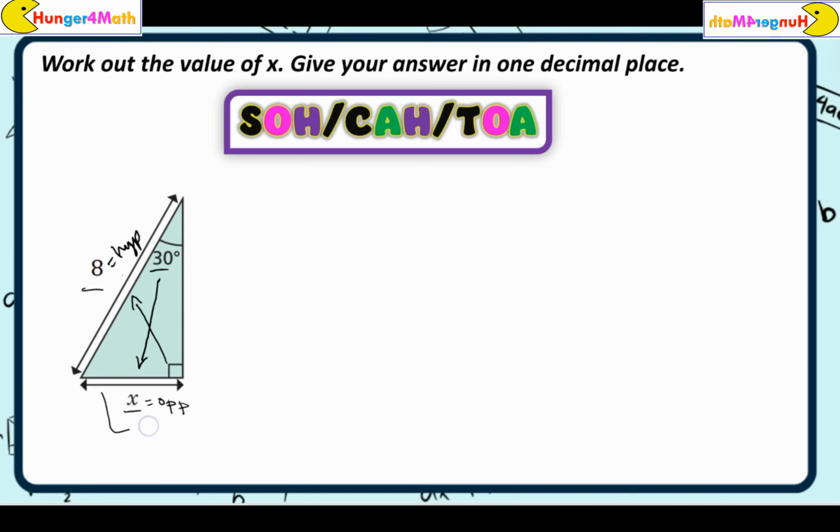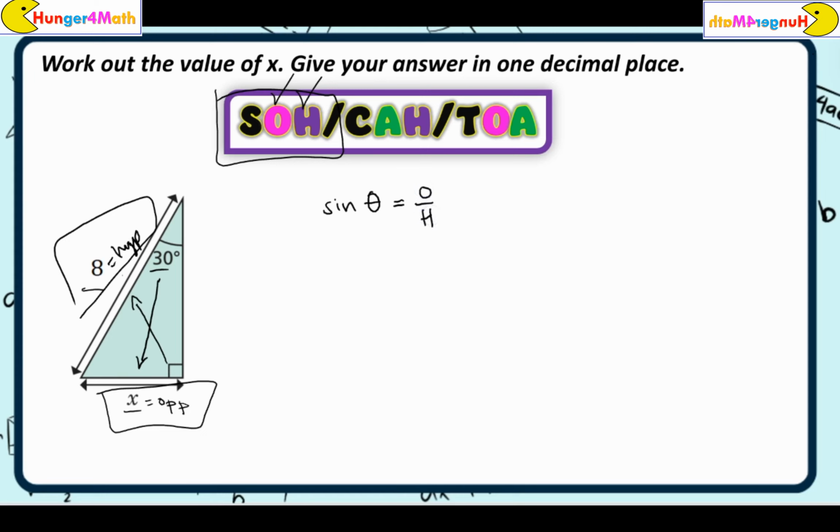So here we have opposite and the hypotenuse. So we're going to use SOH, since it has opposite and hypotenuse. So it is sine theta is equal to opposite over the hypotenuse.